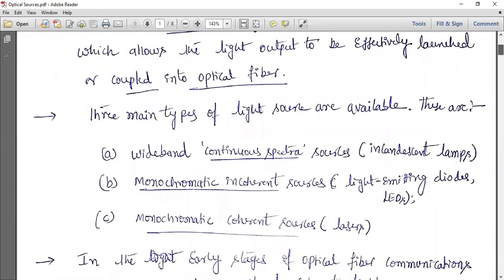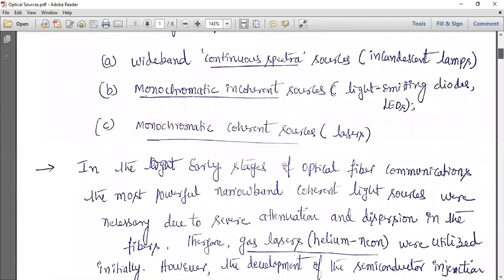In that, we have discussed the wideband continuous spectra, such as incandescent lamps, which are not suitable for optical communication because of the wide band. We have also discussed monochromatic incoherent sources and monochromatic coherent sources. Monochromaticity means the source generates the signal in a narrow, single band itself; that light is called monochromatic light.